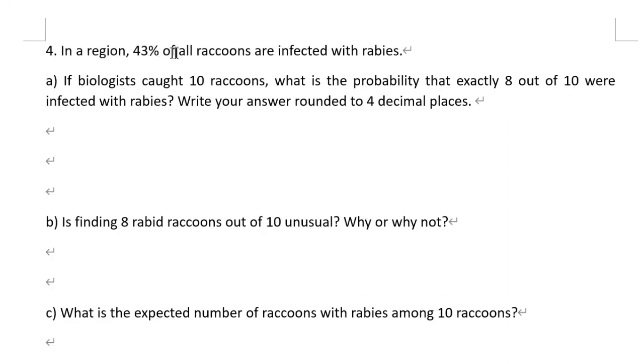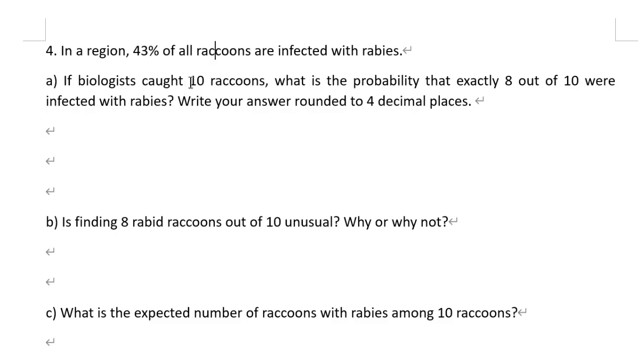Okay, in a region, 43% of all raccoons are infected with rabies. If biologists caught 10 raccoons, what is the probability that exactly 8 out of 10 were infected with rabies? Write your answer rounded to 4 decimal places. Okay, so for this question, you should think of this as a probability of one raccoon being infected with rabies, right?